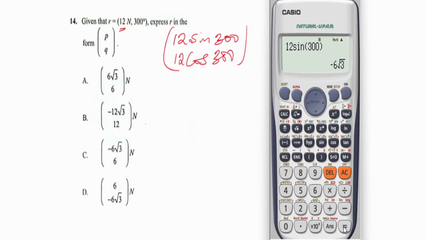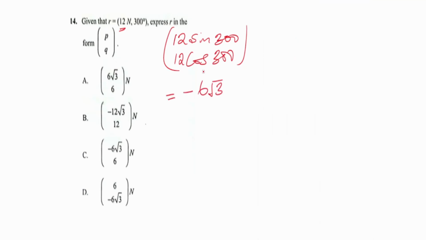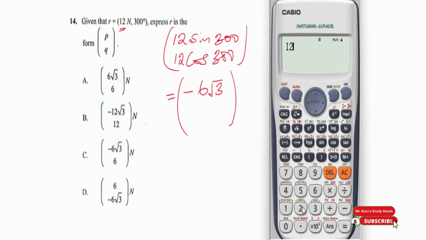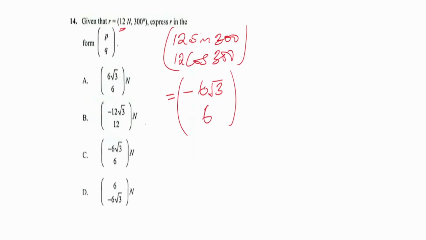So let me write that here. And then we take the y coordinate, 12 cos 300, and that is 6. And looking through the options, that is option C. We move to the next question.